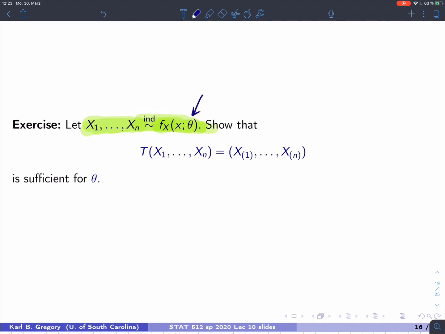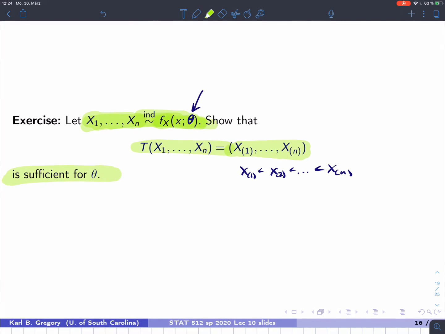It could be multiple parameters inside of this theta, or just one. If I take the complete set of order statistics as my statistic, so remember this is like my x1 less than x2, that is, if I just sort the data, that is always a sufficient statistic for theta.